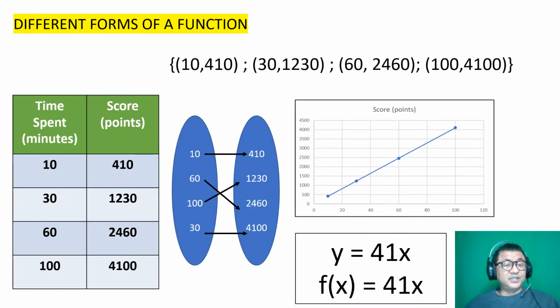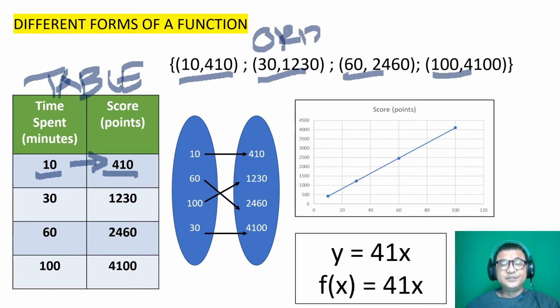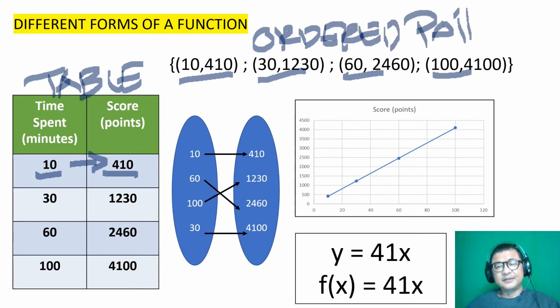Okay, so we've been studying functions written as a table. This is a table. But remember, if you get the x and y, this one becomes a what? You're just writing them down as ordered pairs. What else? I can also write them this way, like a set on the left and a set on the right. You call this a mapping diagram.